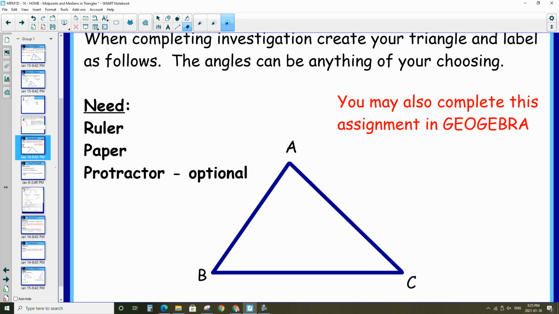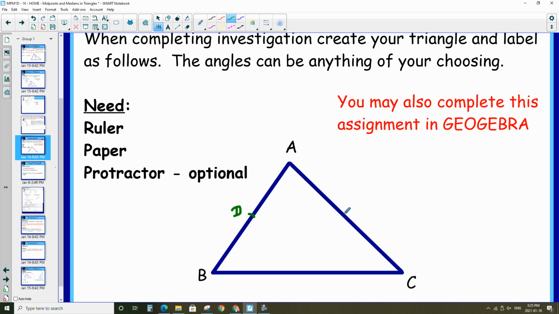The second question says to measure side A to B. So for the next part I'm going to take you through some of the steps just to make sure that you know what you're doing. So you're going to measure A to B, find the midpoint of that, and you're going to label that D. So if this is my midpoint, I'm going to label that point D, and then you're going to do the same thing on the other side.